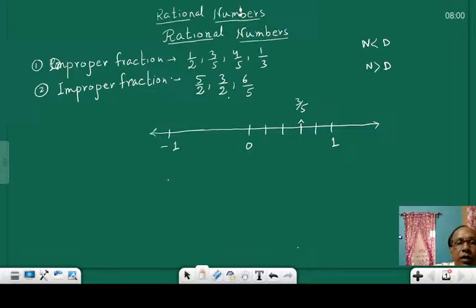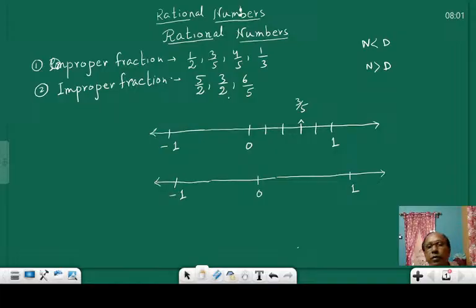And the next one is 4 by 5. Draw another number line. Here it is 0 and 1, because these are proper fractions, and proper fraction means all the fractions will lie between 0 and 1. For 4 by 5, you have to divide 0 to 1 into 5 equal divisions, 1, 2, 3, 4 and 5.